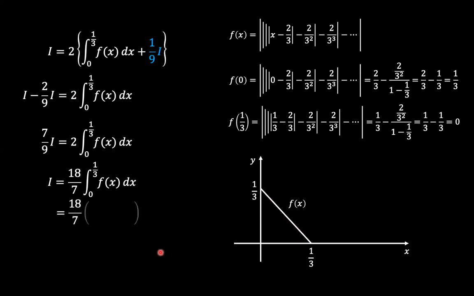Therefore that is 18 over 7 times, in brackets, a half, where the base is a third and the height is a third. That is 18 over 7 times 1 over 18, with 1 times 3 times 3, 1 times 9, which is 1 over 18. And the 18 cancels out. And therefore we have 1 over 7. And that is the answer.